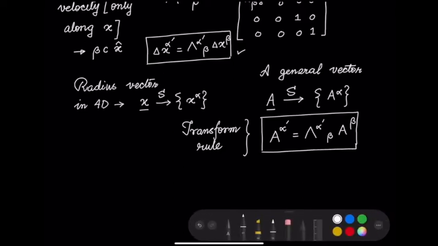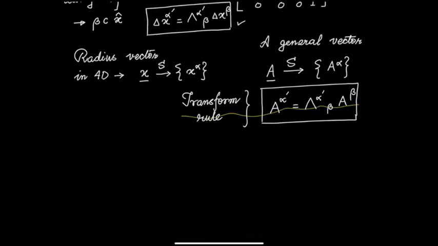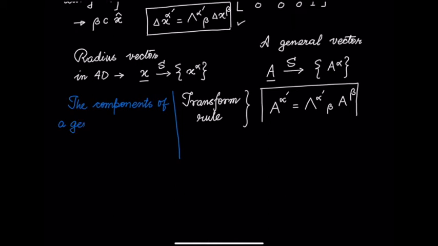Also, let me keep something to remember here, and something for you to think about, is that the components of a general vector can have different values at different x.